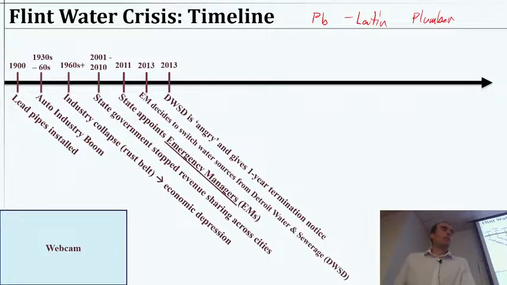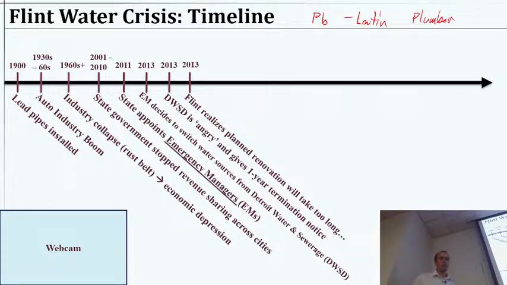That sounds like a lot, but maybe if you have to re-engineer some things, perhaps we could associate some blame or some excessive pressure that Detroit's Water and Sewerage Board was putting on them. I don't know. But there's a 1-year termination notice given, so that means in 2014 they're going to have to switch water supplies.